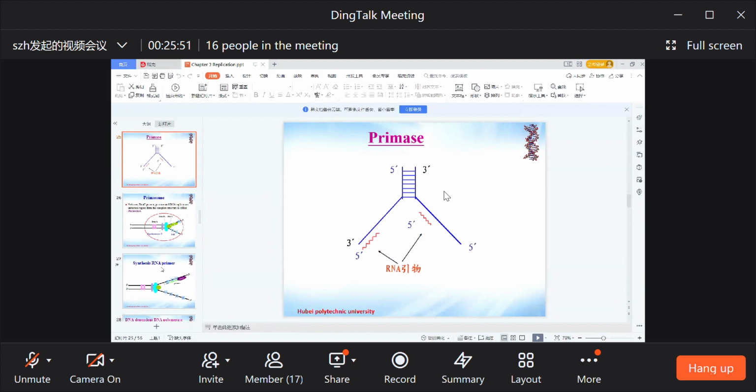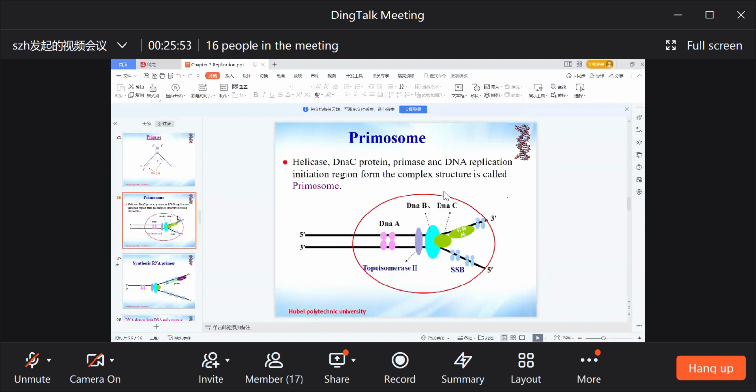And another important definition: the chromosome. At that time, look at the figure. You can see all of this together forms this complex structure. It is the chromosome.